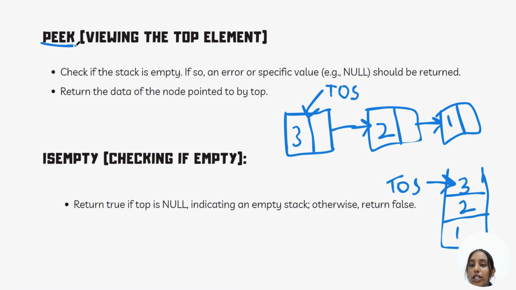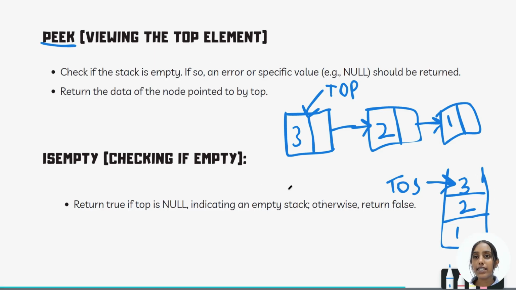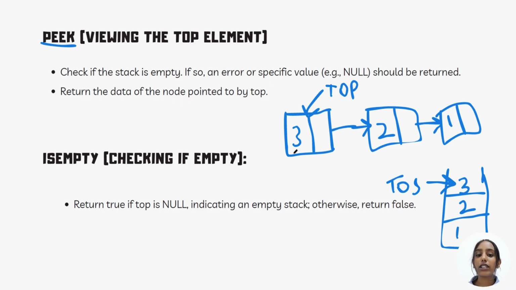In the peek operation, first it would check if the stack is empty, and in this case the stack is not empty, and then it would return the data of the node pointed by top. So this is the node that is pointed by top, so it would return the value 3.